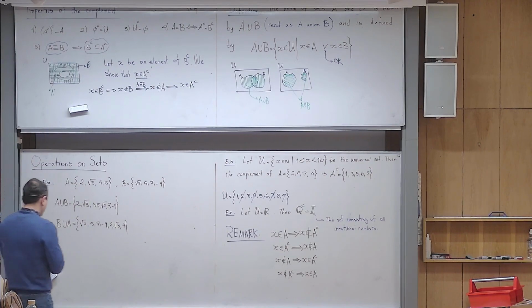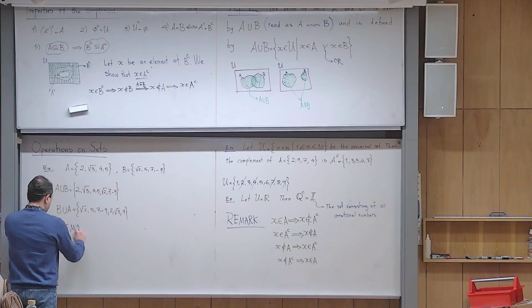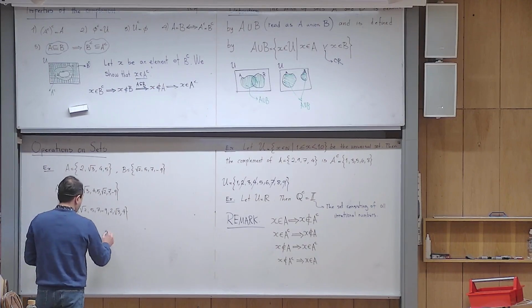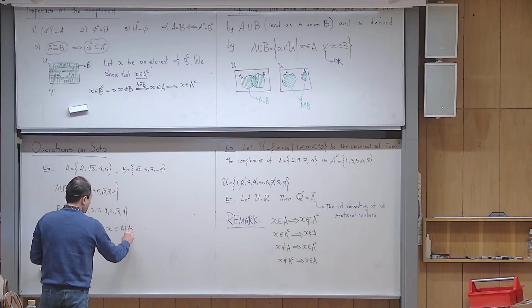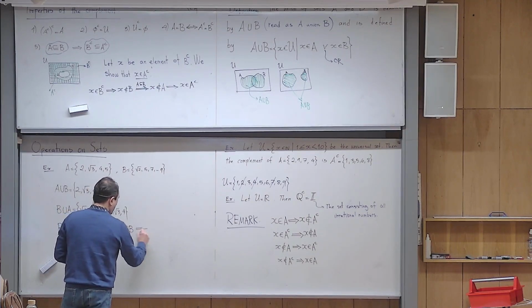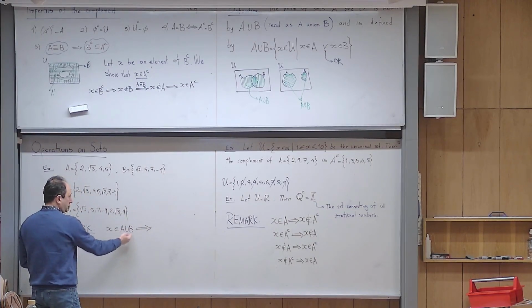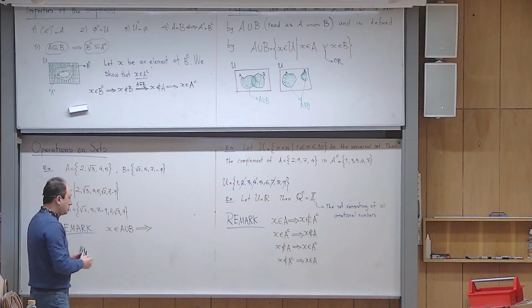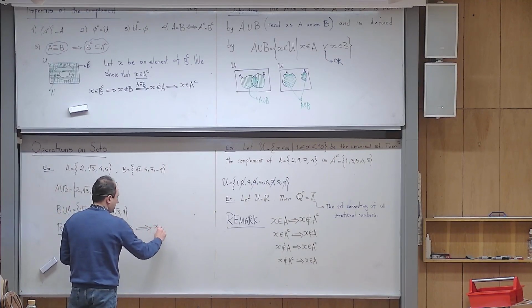For example, if I want to write a remark similar to what I did before: what happens if I tell you that X belongs to A union B, what is the conclusion coming out of this? I am saying that I have two sets, I union them, and I see that X is an element in the union. What can you conclude from this? Can I conclude that X is in B? Is this conclusion correct?